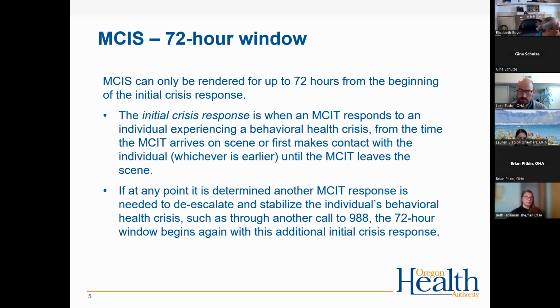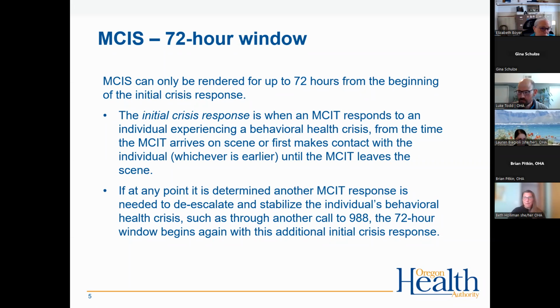It's not just the original MCIT initial response by a certified organization. Can you repeat that? I wasn't fully tracking the question. So on your original set that I received to build on, they had a code. It was the initial crisis response.